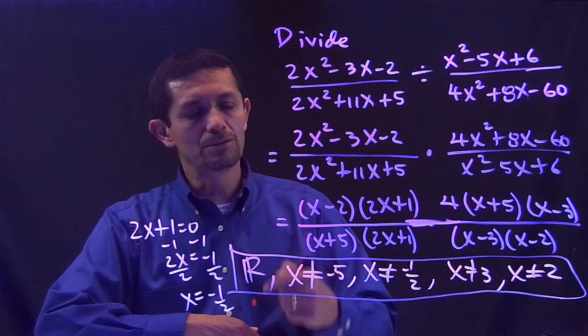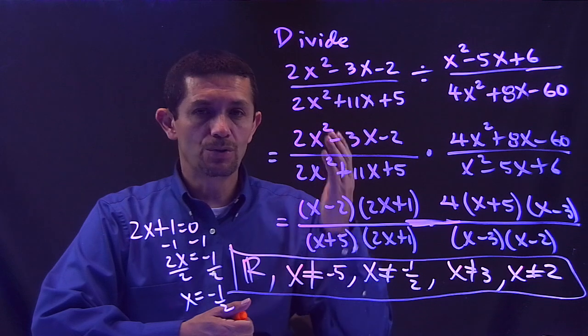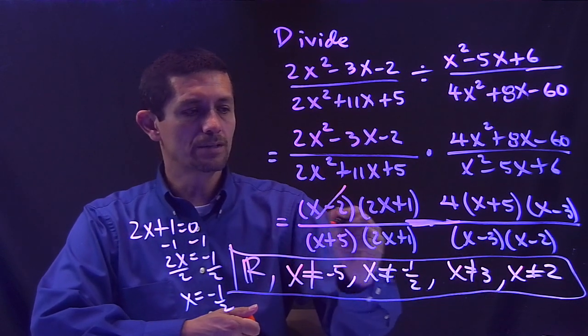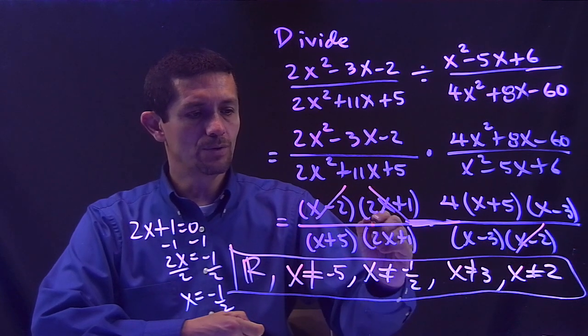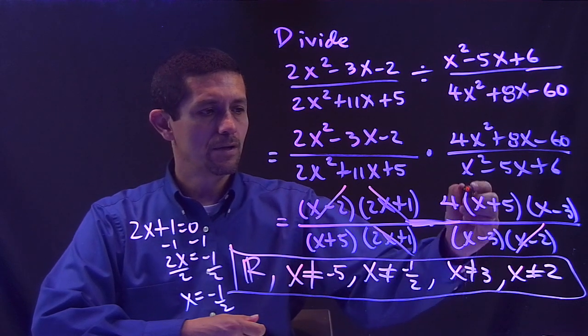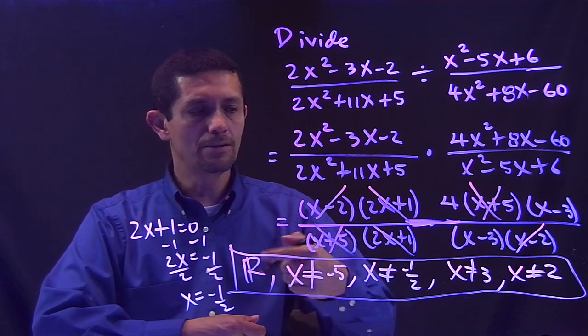All right, let's go back to the problem. We have all this. Let's start reducing, canceling. Do we have an x minus 2? Yes, we do: x minus 2, x minus 2. 2x plus 1? We do have 2x plus 1, canceled out. x plus 5, x plus 5. I'm using different marks so you know what we cancel.